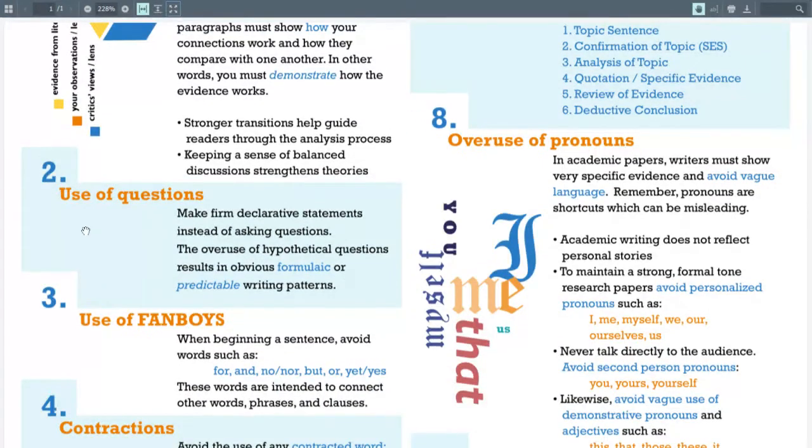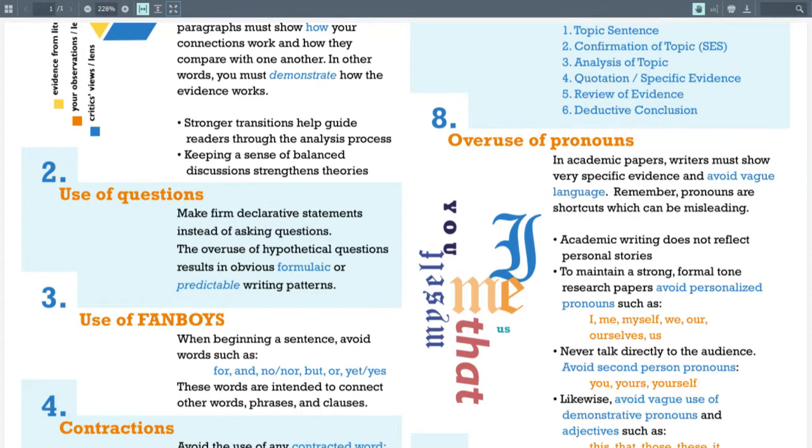Number two, avoid the use of questions. Questions result in, as I say here, formulaic or predictable writing patterns. I have had students who often would start a paragraph with a question and then answer it. They start a new question, they answer it. And it becomes almost a cliche when you're reading the material.